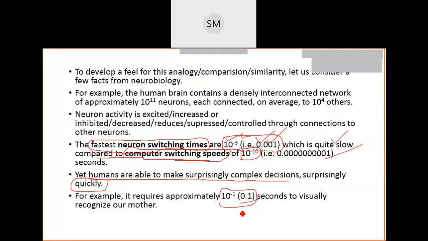Now if you compare, this 0.1 is a very large value compared to 10 to the minus 3 and 10 to the minus 10, right? So compared to human beings, these machines are able to take decisions faster.